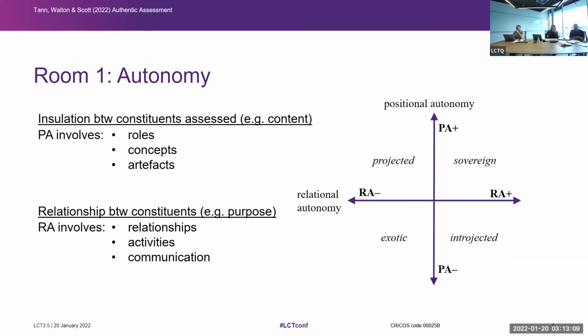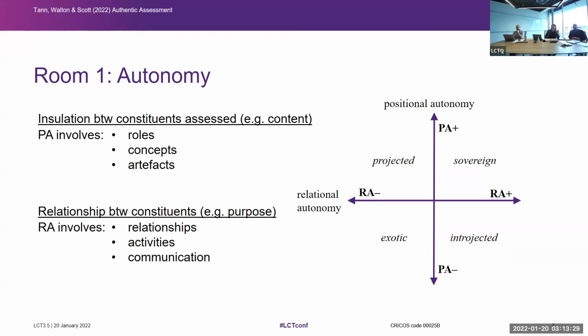In one of our roundtables that we presented a little bit earlier last year, we touched on autonomy. So just to recap where we were going with the notion of autonomy as it's applied to authentic assessment.